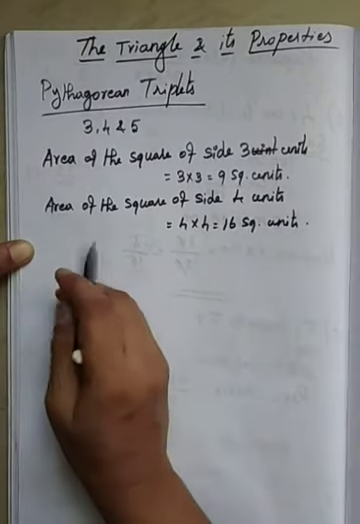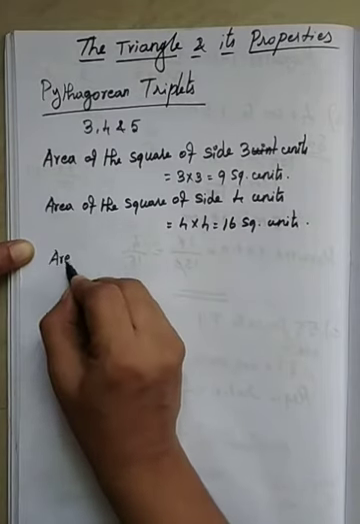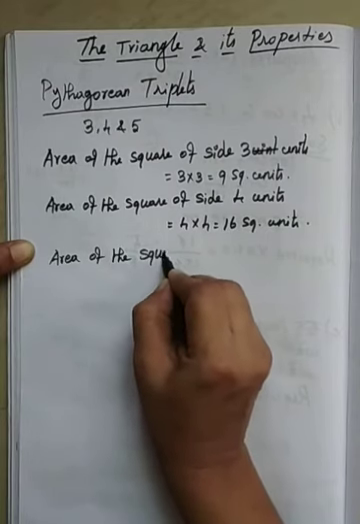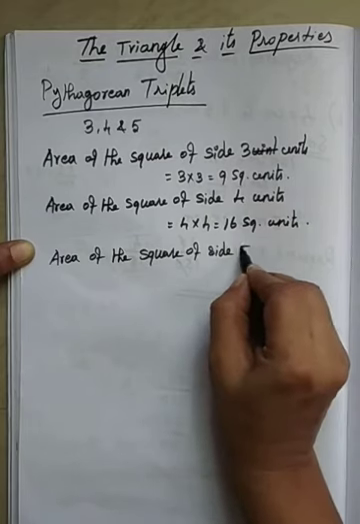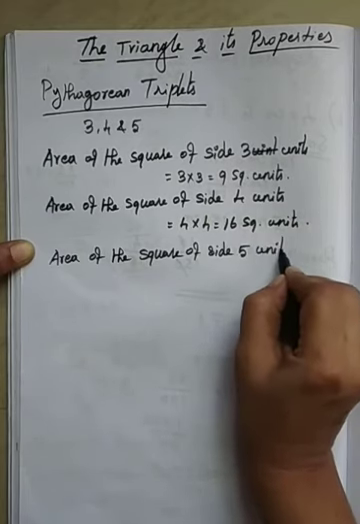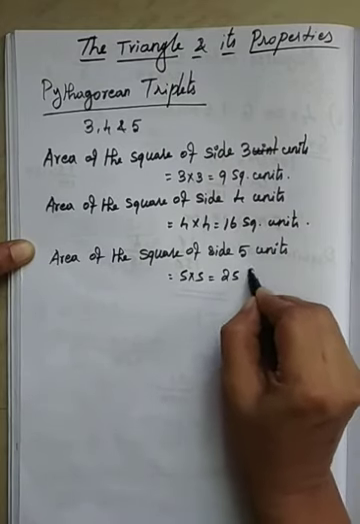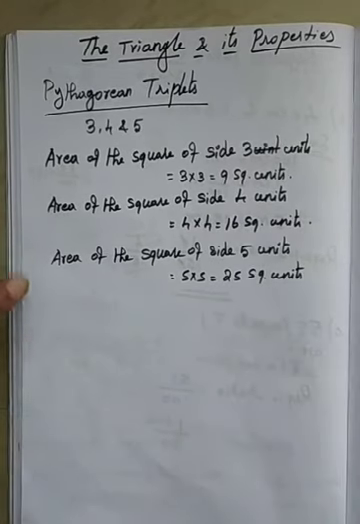Similarly, you can find the area of the square of side 5 units, which is 5 into 5, 25 square units.